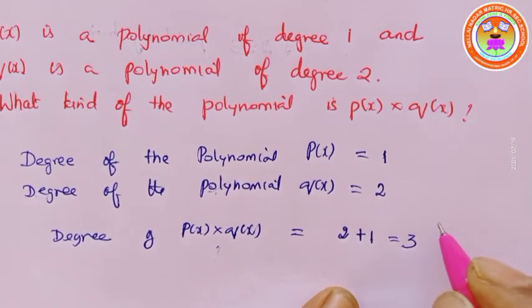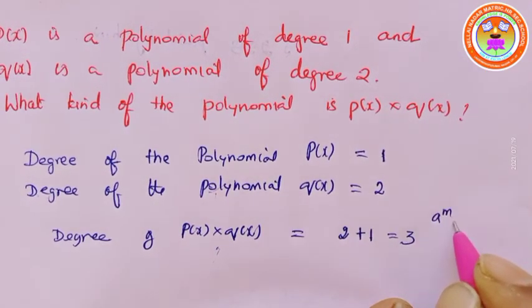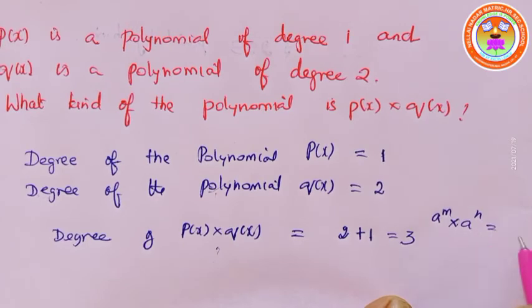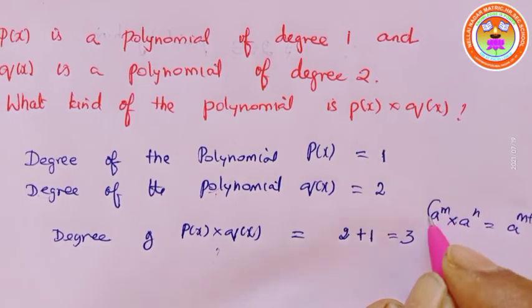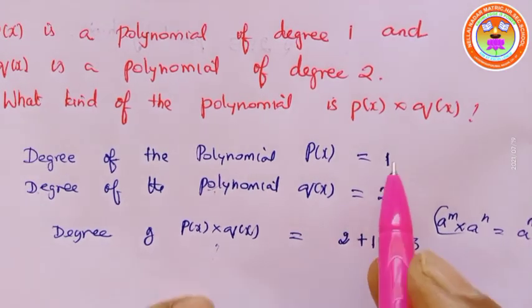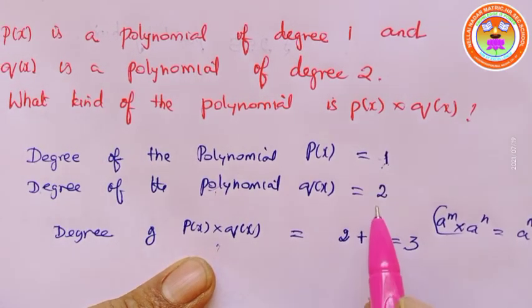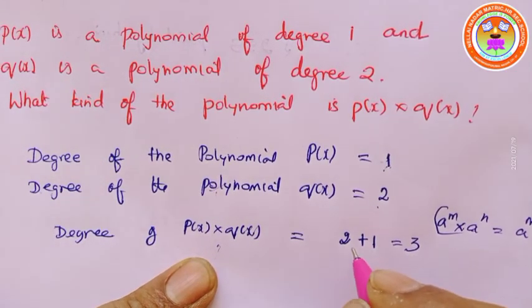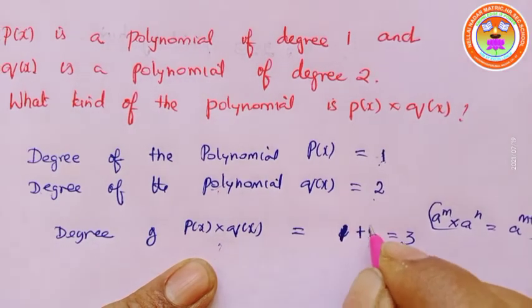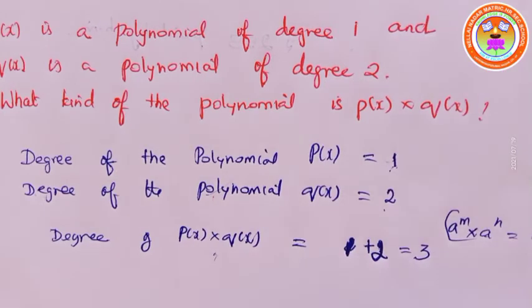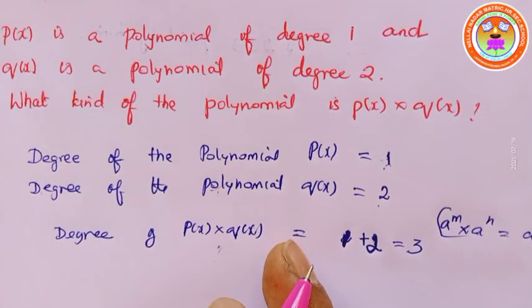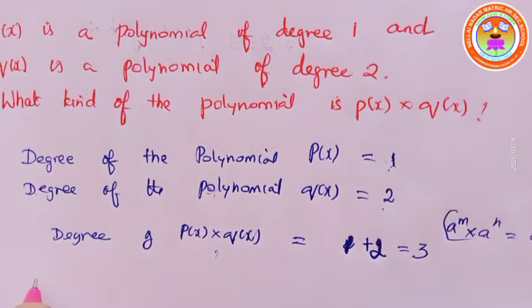That means a power m into a power n, you keep the base and add the powers. Same way you are adding the degrees, which means powers. 1 plus 2 is 3. It's clear, students? Therefore, the degree of the polynomial p of x into q of x is 3. 3 is nothing but a cubic polynomial.